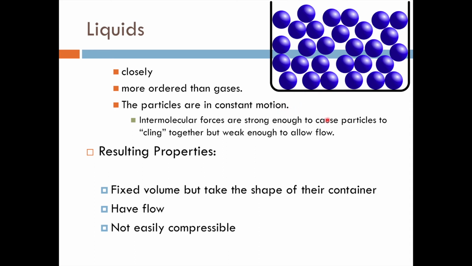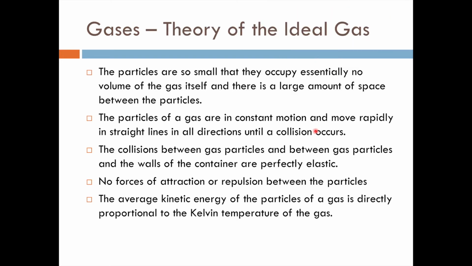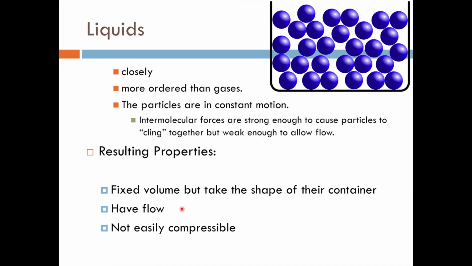So liquids have more energy than solids, so they're able to move around, and they do have translational motion, which means that they will be able to move in between. And I'll show you a moving picture later. Well, they have flow, and they're not easily compressible. Most people don't get that one right there.